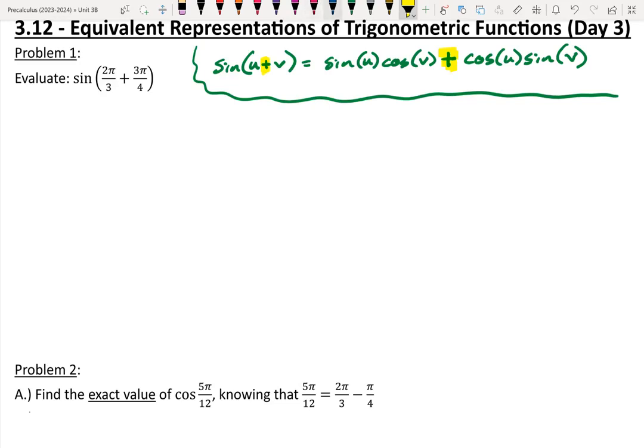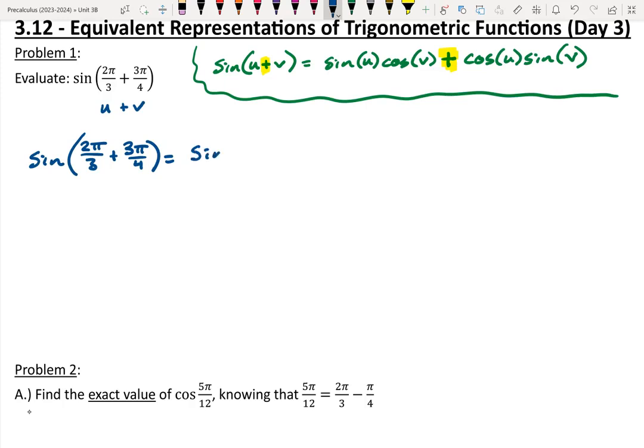So in this case, our u ends up being 2 pi over 3, and our v ends up being 3 pi over 4. So we are going to use this formula to expand this trig function. So using our sine sum formula, we start with sine of u.